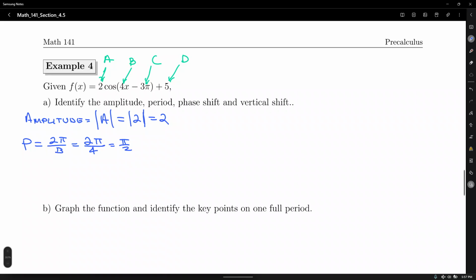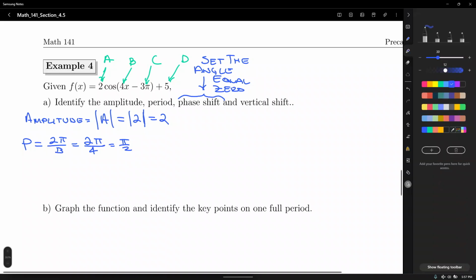And then let's find the phase shift. To find the phase shift, set the angle equal to 0. The angle is all of this expression. I'm going to highlight it with the same color, blue.